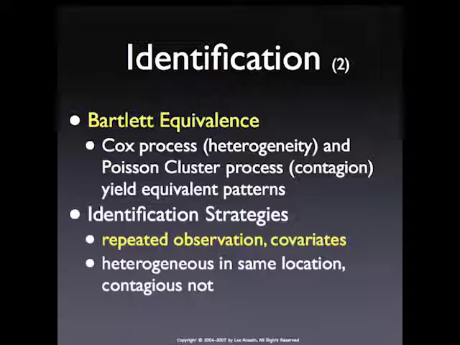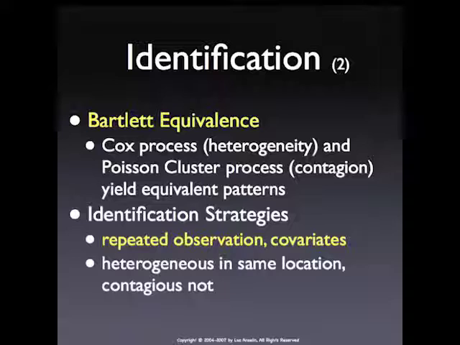You have to, of course, quantify what you mean by exactly the same patterns, and that's mathematical detail that I spare you. But that's a very important result because it basically tells you there is no way you can tell these two apart. You have two different processes, one embedding contagion, one embedding heterogeneity, and they give you the same pattern. So how can you tell them apart?